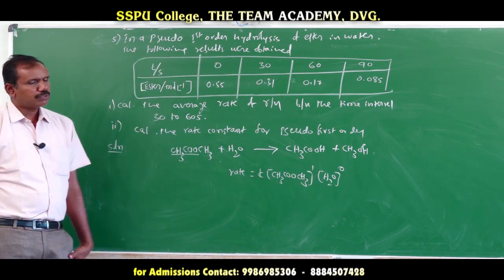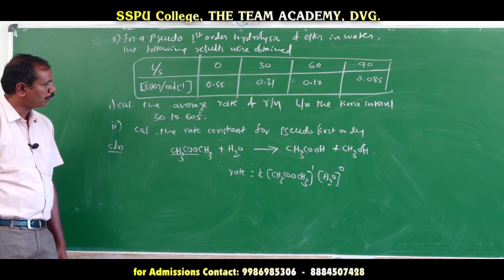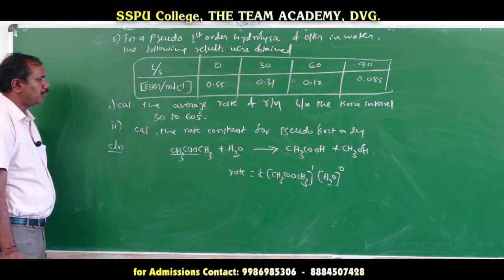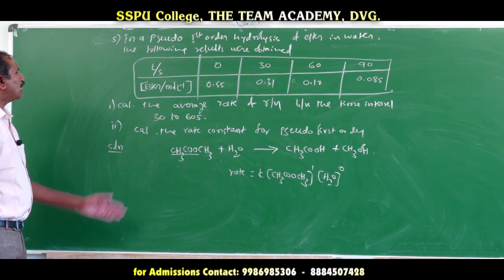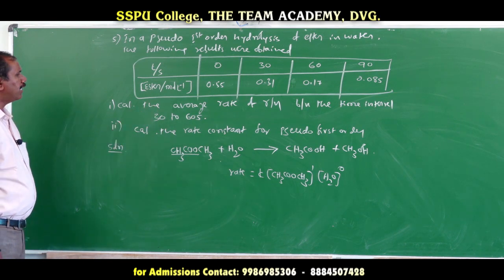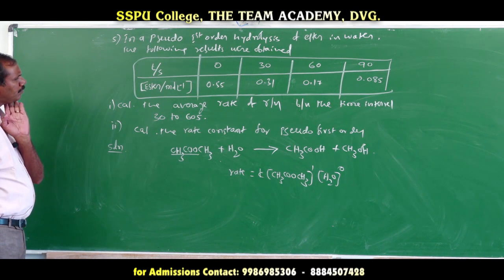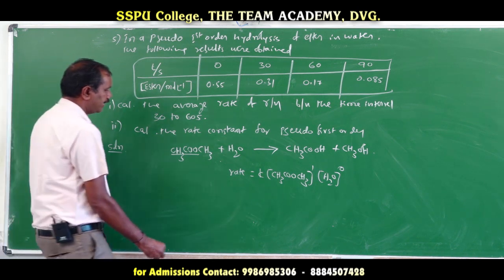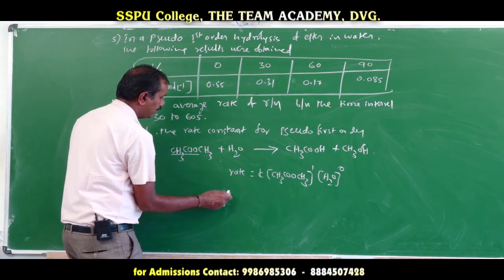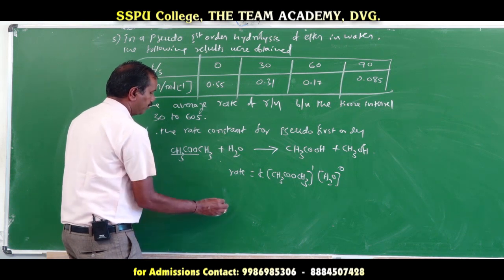Rate equals K into CH3COOCH3 to the power 1, H2O to the power 0. Now to calculate the average rate of reaction between the time interval of 30 to 60 seconds, average rate means average velocity.